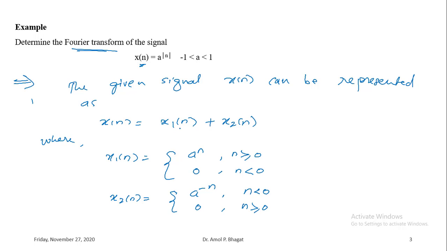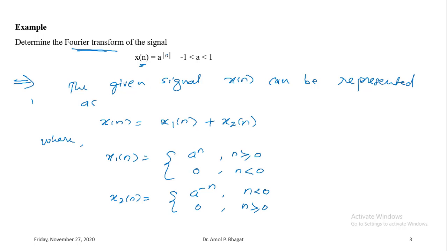If you combine them, it simply represents a to the power mod n, because we have specified the values of n using the conditions. Whenever you take x1 of n and x2 of n, the power of a will always be positive, because the mod is there.